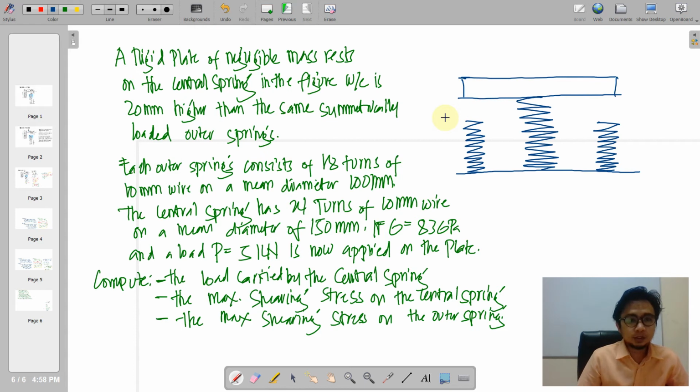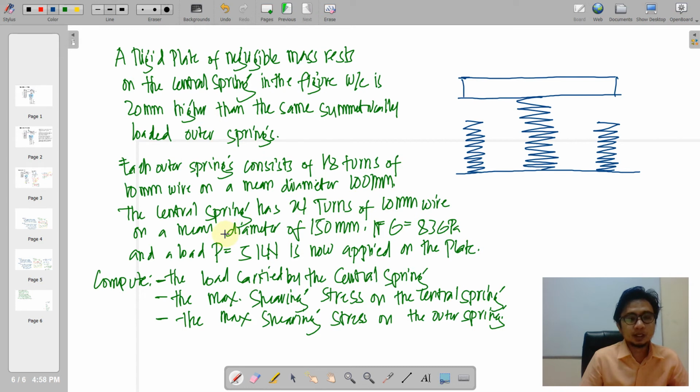Okay, so each outer spring, of course, has its properties. Wherein 18 here is the N, 10 millimeter diameter is the wire diameter on the outer spring, and the mean diameter is 100 millimeter.